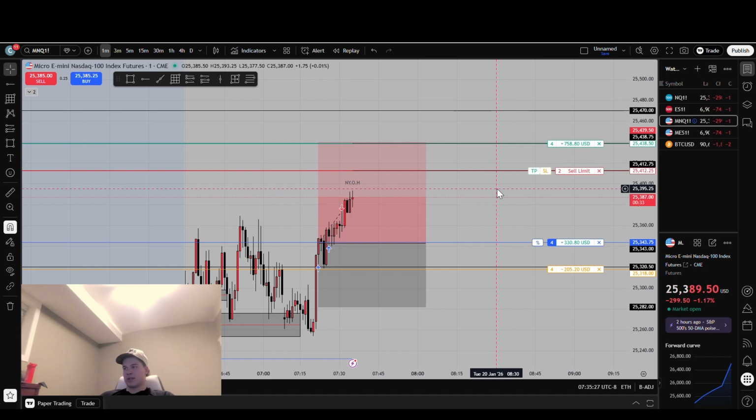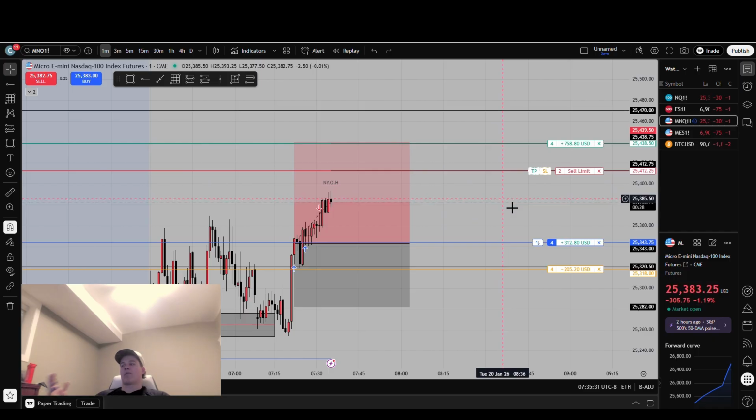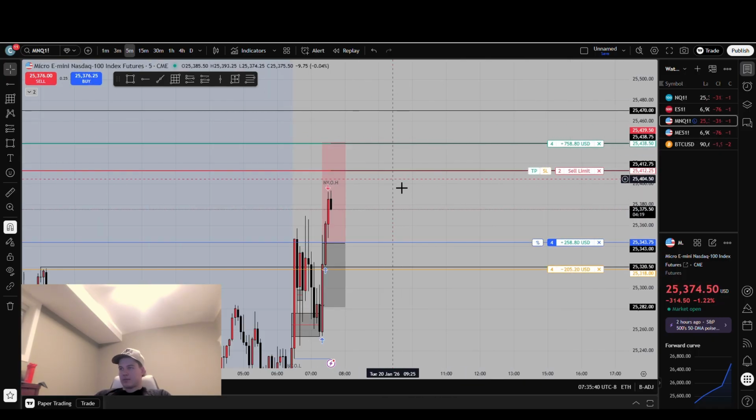Are these moves consistently happening mid morning as opposed to the first hour of market open, or just after market open? What seems to be the theme?